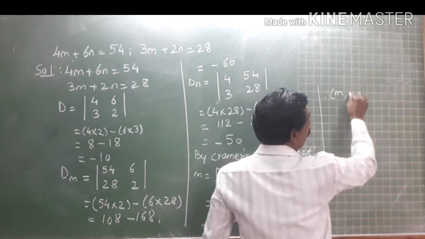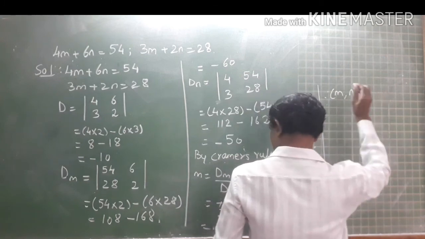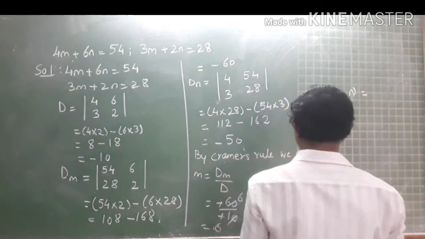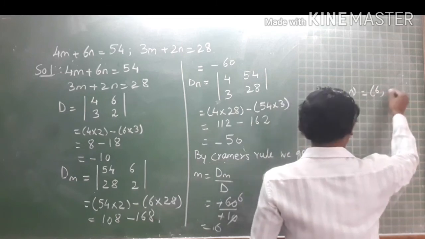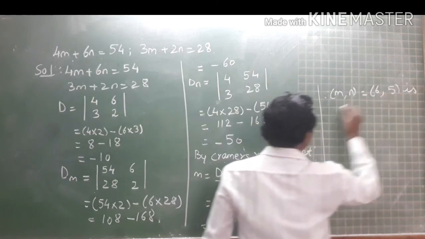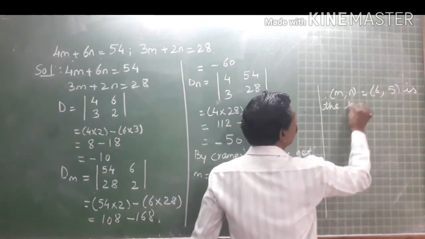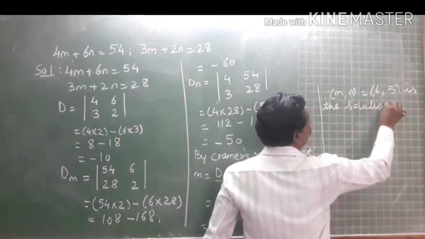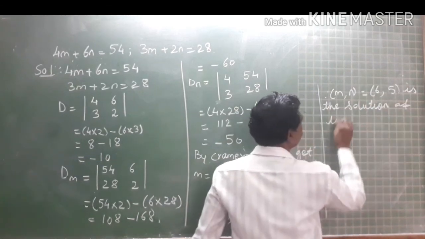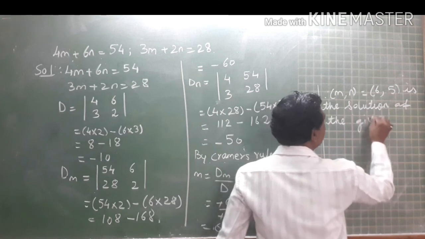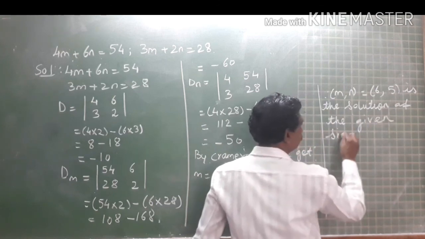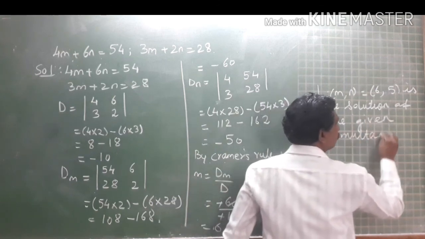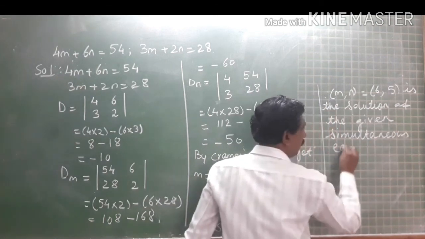Therefore, m comma n is equal to, what is the value of m? 6 comma 5 is the solution of the given simultaneous equations.